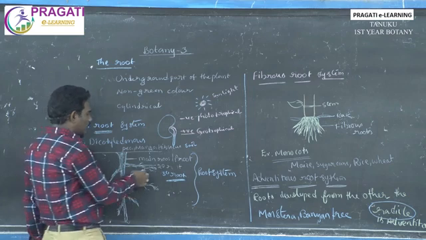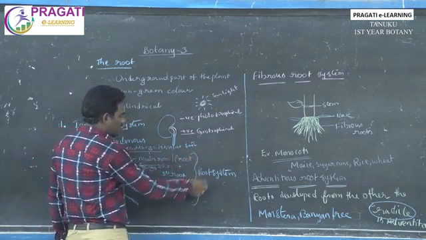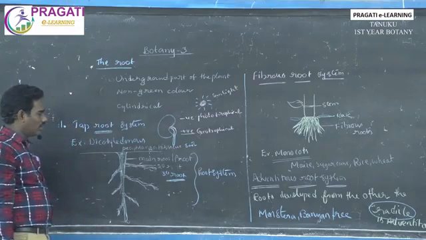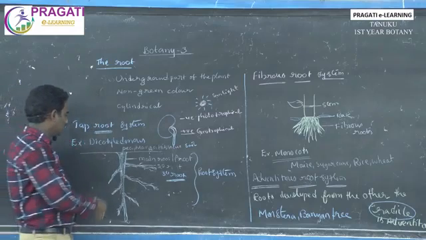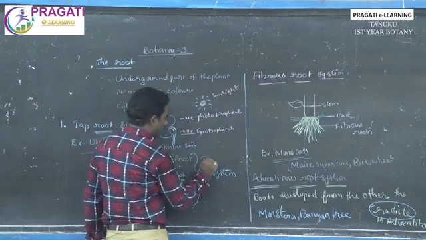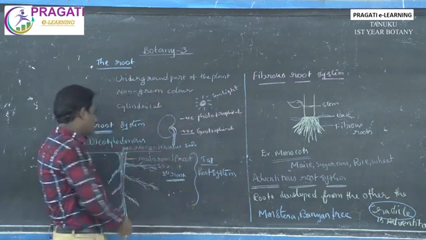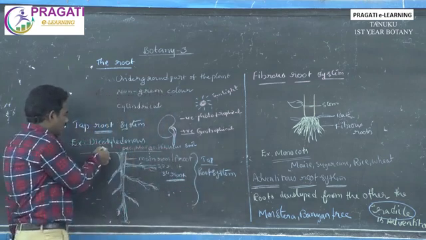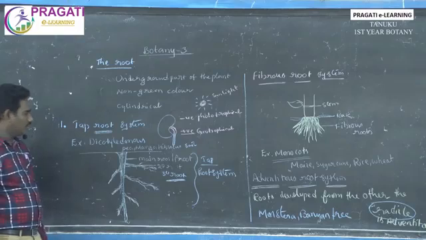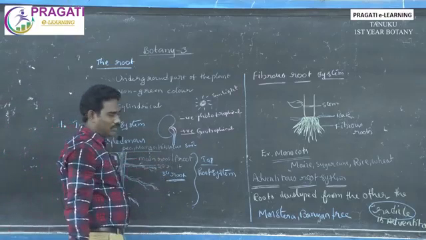These are all collectively known as the root system. This type is the taproot system. The taproot system is present in dicotyledonous plants, that is pea, mango and hibiscus.